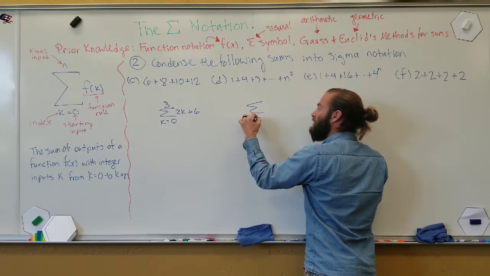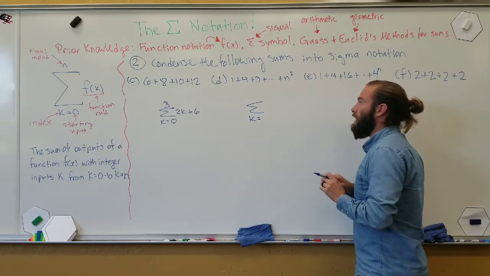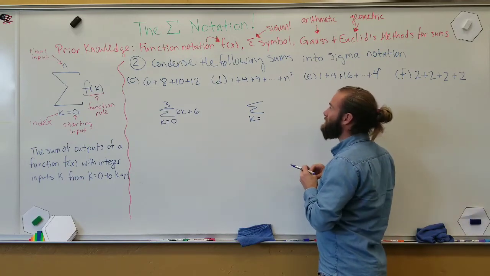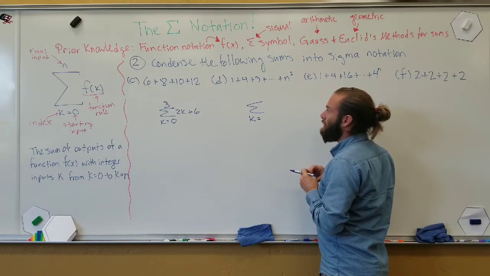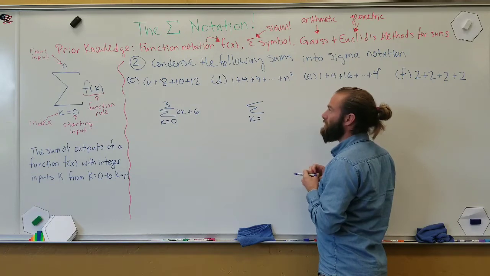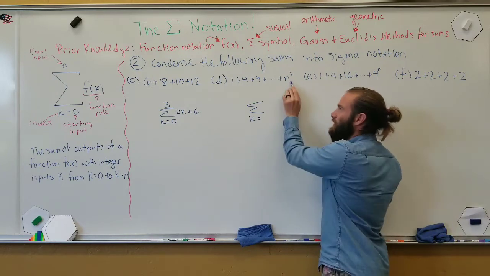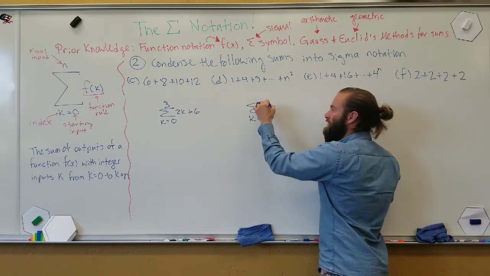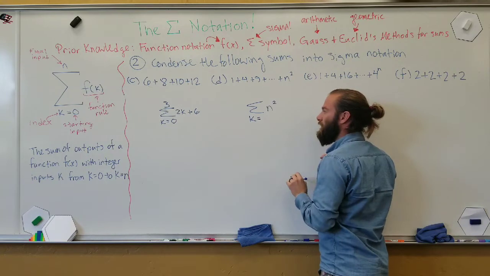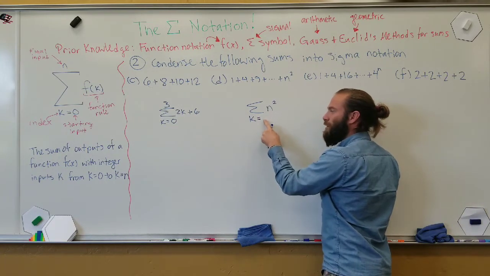So if we think k equals, and it seems like this is where it gets a little bit tricky, because if this is 1, 4, 9, 16, etc., I think we can understand that it's k squared. If I wanted to use k squared there, I need to make sure that I start in the proper place.